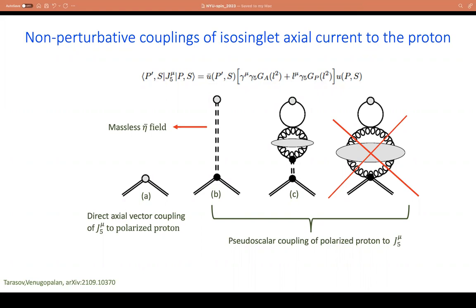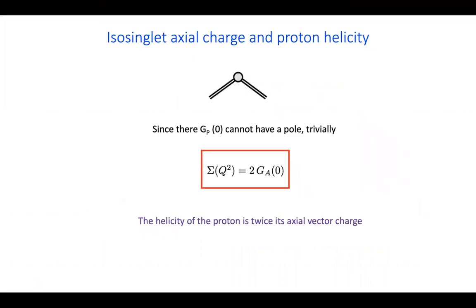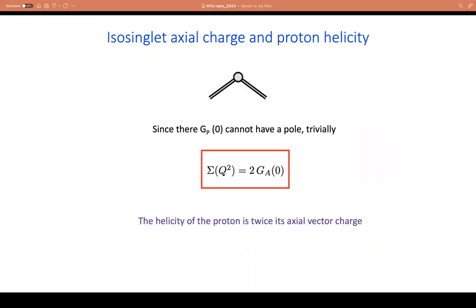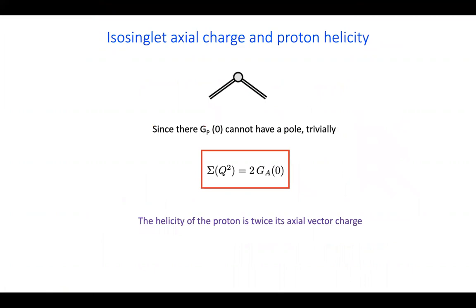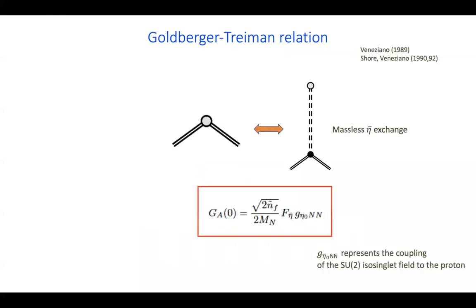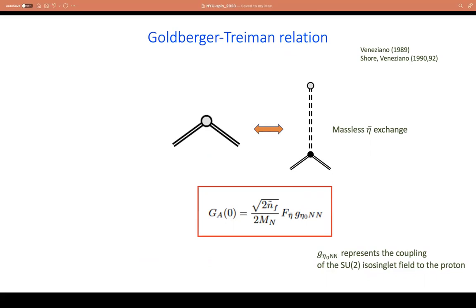So now coming to your question. Before that, let me just say that the quark helicity in the proton is nothing but twice the isosinglet axial vector current form factor. Sorry, the helicity of the proton is twice its axial charge. And then there's also a Goldberger-Treiman relation that relates this direct coupling of the quark helicity, so that's G_A, to this pseudoscalar massless eta bar exchange.